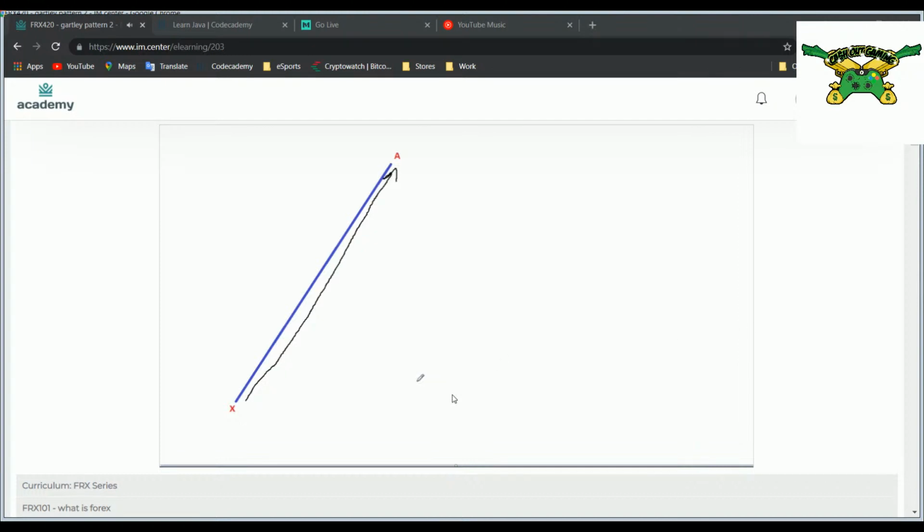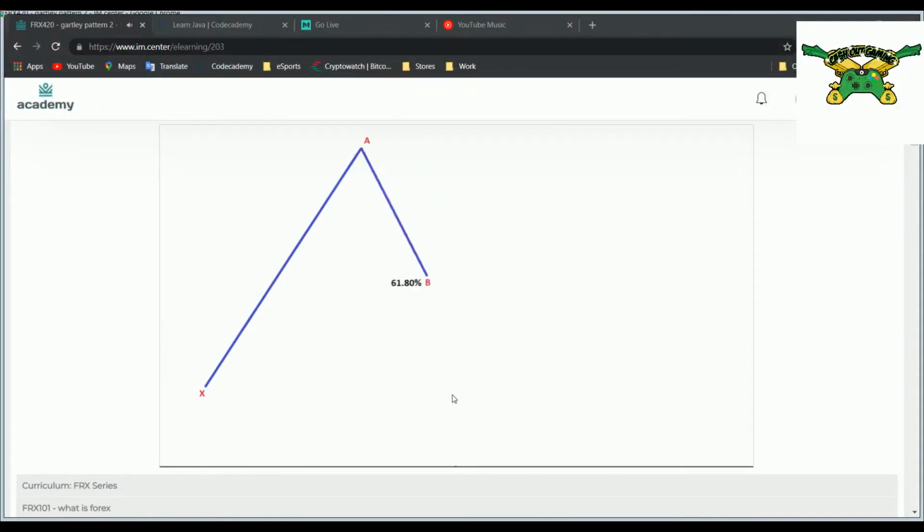The retracement leg from the A high back down is the B point of the structure. The chart on the screen shows the B retracement. However, the B point will retrace 618 of the XA.